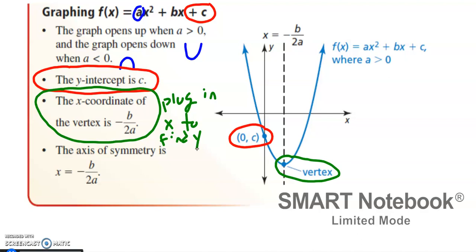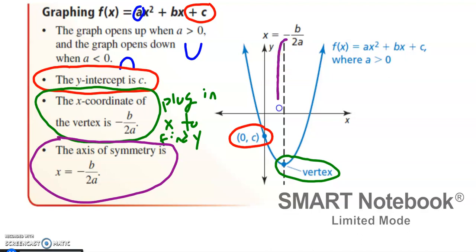Now, the last thing we need to talk about is what's called the axis of symmetry. Okay, the axis of symmetry, notice, is going to be x is equal to the x value of the vertex. Negative b over 2a is the exact same equation. So your axis of symmetry goes through the vertex at the x value of the vertex.